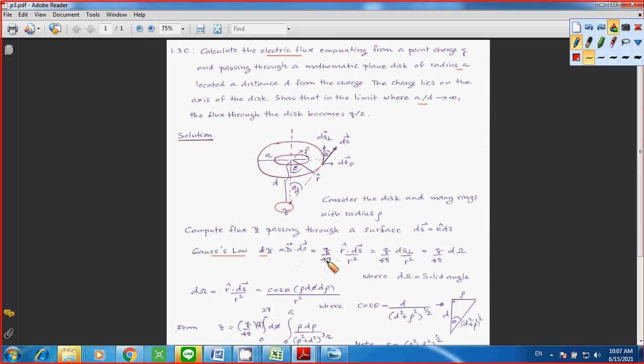D actually equals epsilon E, right? And this is from Coulomb's law. That's equal to Q over 4 pi r squared. You know about that.